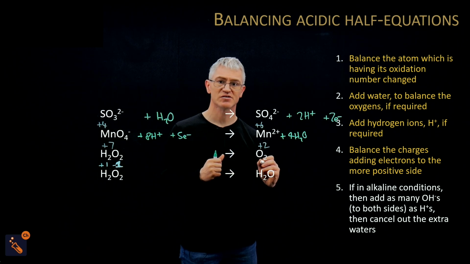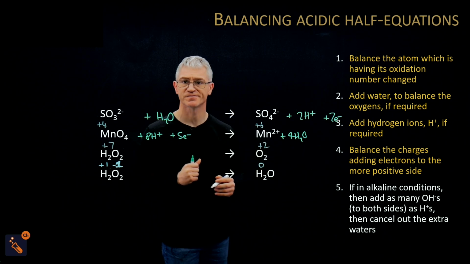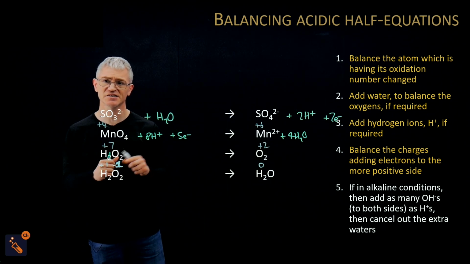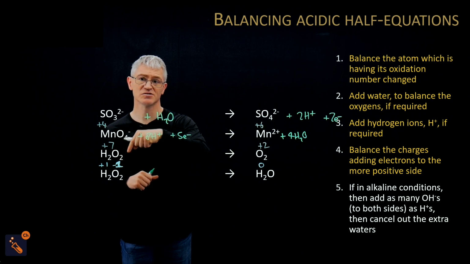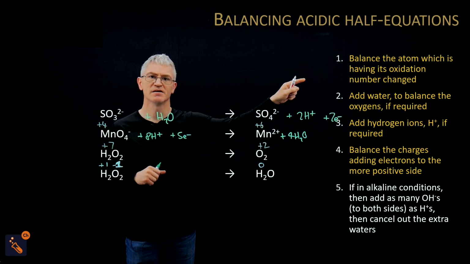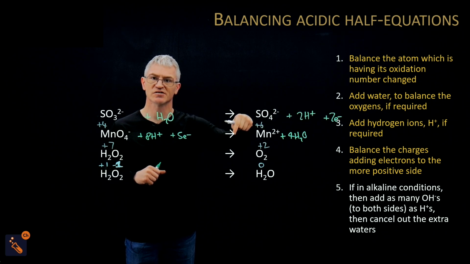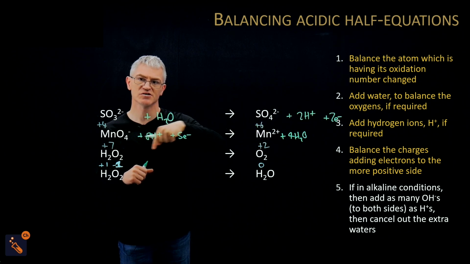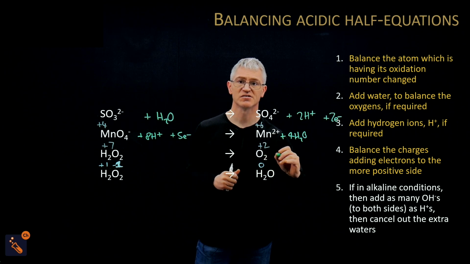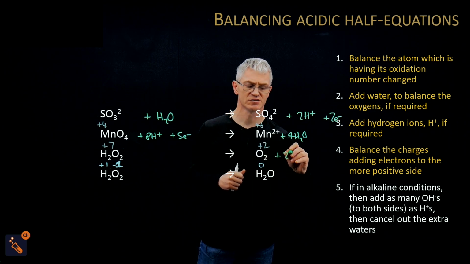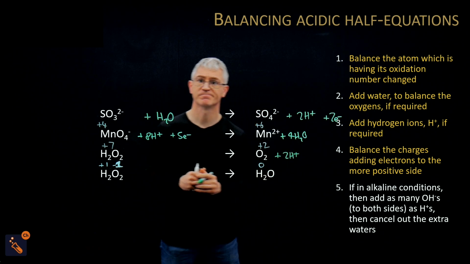This is an element, which means it will be 0. And if that's the case, all you need to do next is go to the waters. 2 oxygens, no water needed. Okay, and then we go to hydrogens. No hydrogens, 2 hydrogens. We need to add some hydrogens on this side, so that would be 2H+.